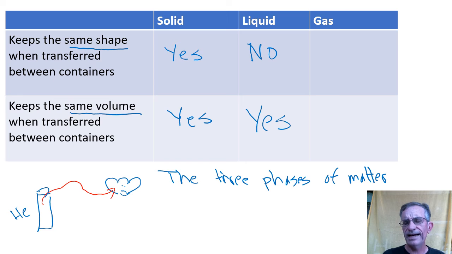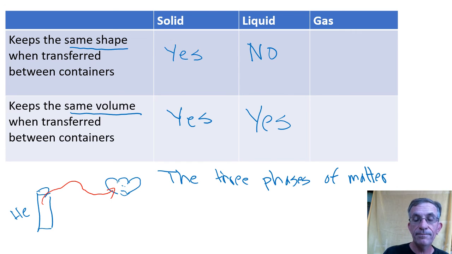So when I do that, the gas is changing shape. Just kind of like water, if it's in a tall, skinny container, it'll fill up the tall, skinny container. But if I move it into a Mickey Mouse shaped container, it's going to take the shape of Mickey Mouse.